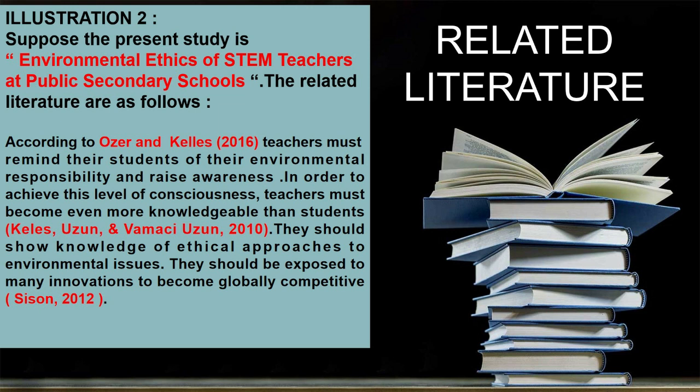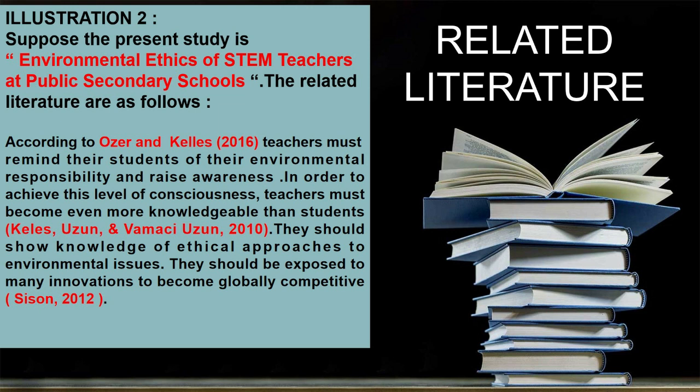So look at the illustration for the related literature. Suppose the present study is the environmental ethics of STEM teachers at public secondary schools. The related literature are as follows. According to Ozer and Kellis in 2016, teachers must remind their students of their environmental responsibility and raise awareness. In order to achieve this level of consciousness, teachers must become even more knowledgeable than students, Kellis, Ozum, and Vamichi Ozun in 2010.